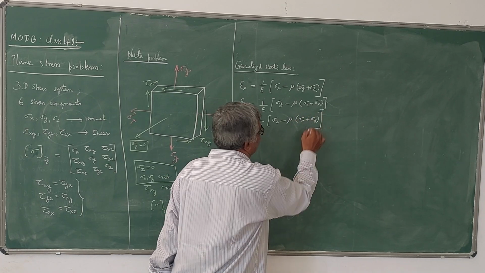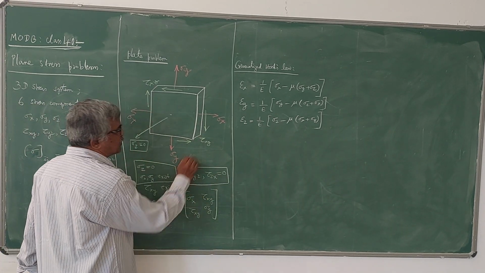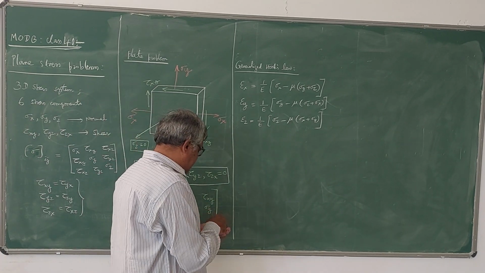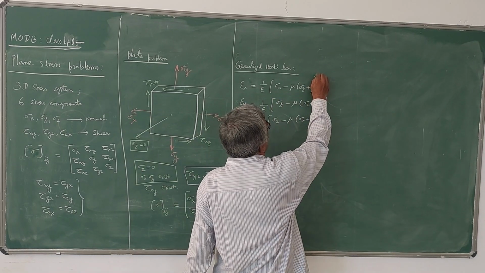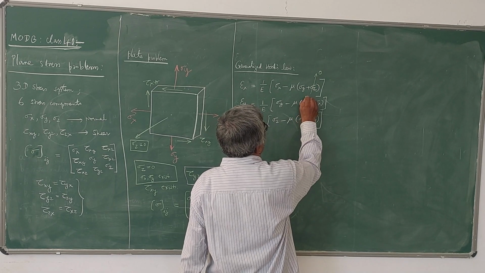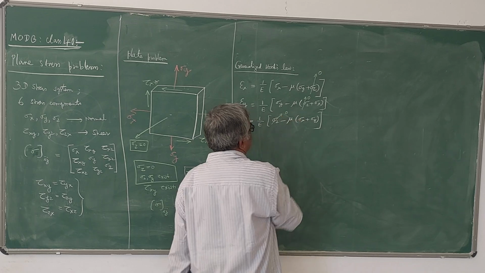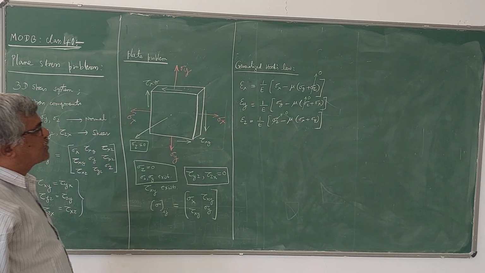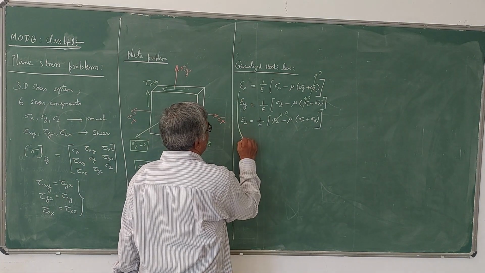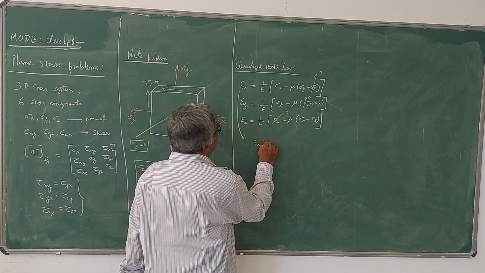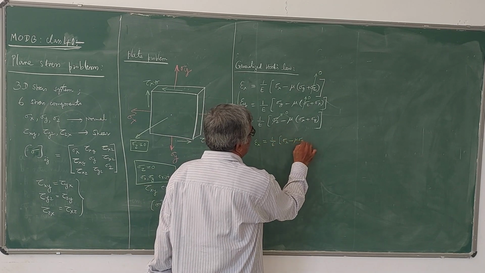Now if you apply these conditions, you know that sigma z is 0, so this term becomes 0, here also sigma z is 0, and here also sigma z is 0. What happens if you simplify? The first equation: epsilon x is equal to 1 by E into sigma x minus mu times sigma y.